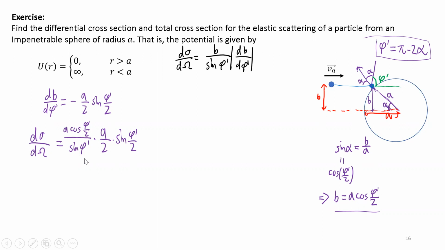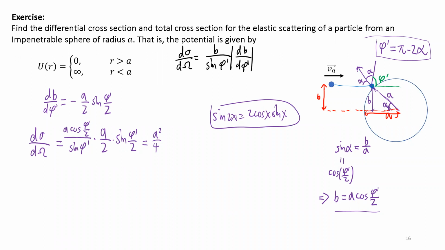Luckily, sine 2x equals 2 cosine x sine x. If I use this formula to simplify the whole thing, then you'll find that this is just a squared divided by 4. So it is so simple that this is just a constant.